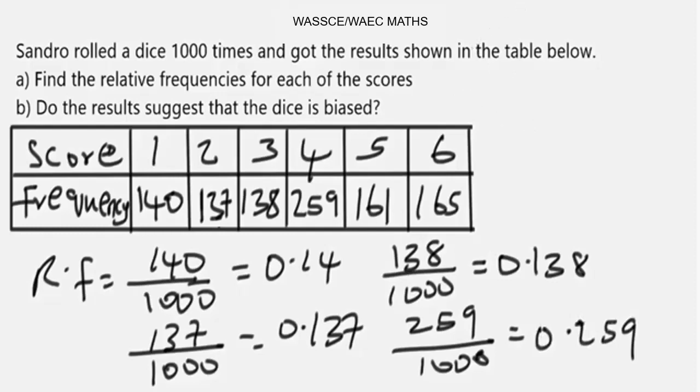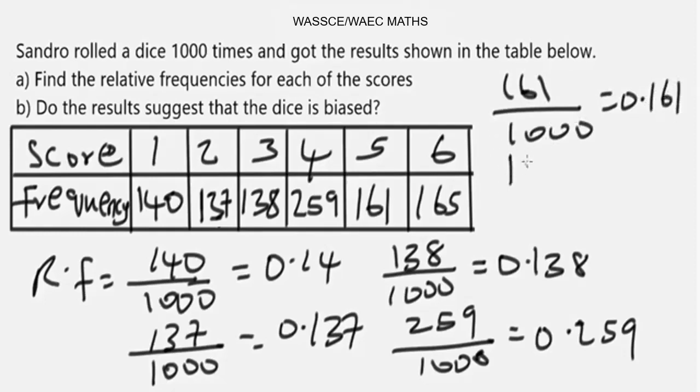When the score is 5, the relative frequency is 161 divided by 1000, which will give us 0.161. And last, when the score is 6, we have 165 divided by 1000, which will give us 0.165.